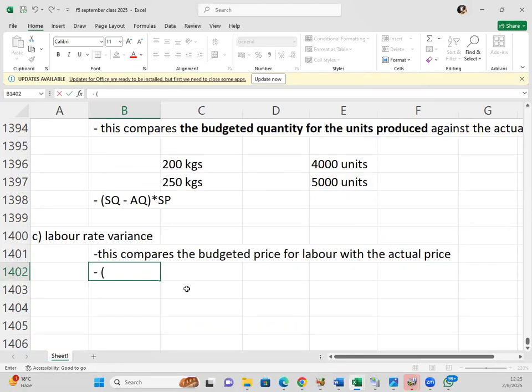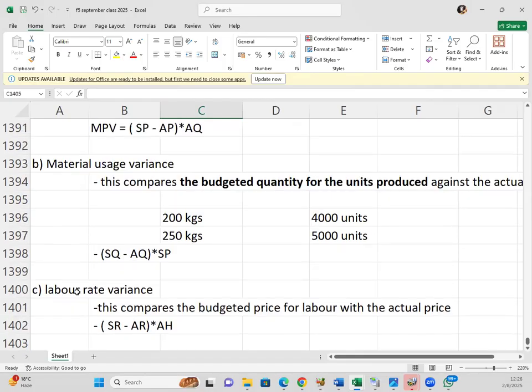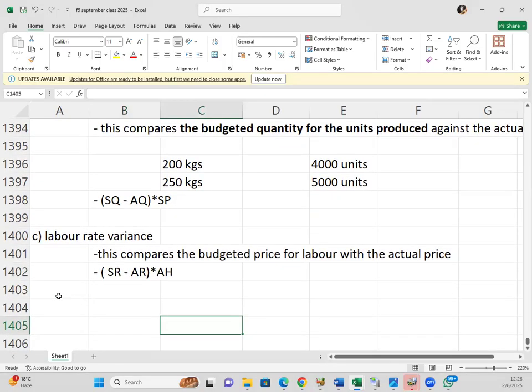So for labor rate variance, you say the standard rate minus the actual rate times actual hours. So it's just comparing how much we were planning to be charged for labor against what we ended up being charged.